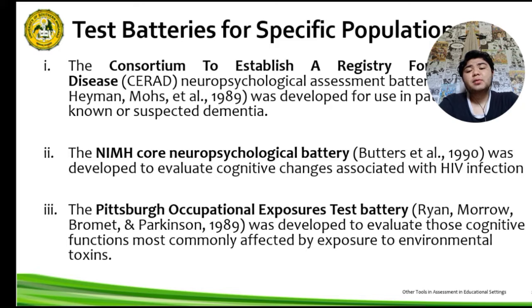Factor analysis of the battery revealed 5 domains: general intelligence, attention, learning and memory, visuospatial and psychomotor speed, and manual dexterity. Those are the three test batteries that can be used for specific populations.